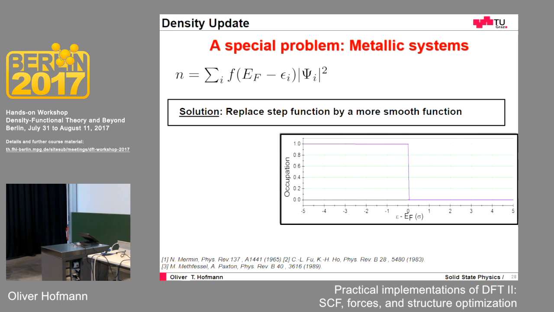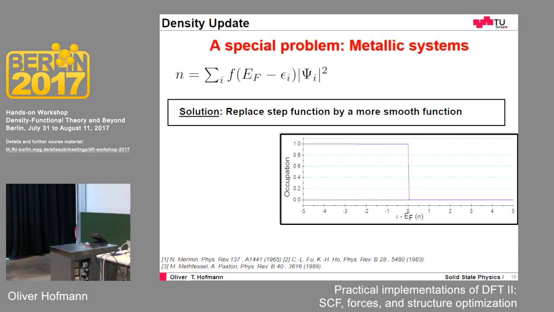Now, if we did our calculation exactly at 0 Kelvin, what Fermi statistics imply is that every state below the Fermi energy would be fully occupied, and every state above the Fermi energy would be fully empty.